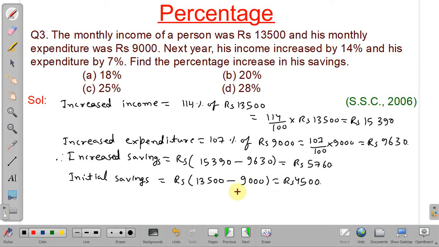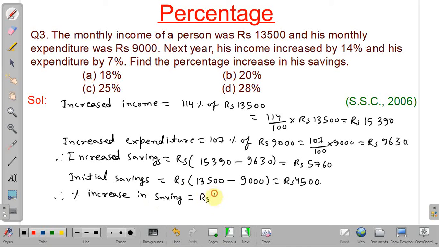Now we have to find the percentage increase in his saving. Therefore, the percentage increase in saving. So we have to find the increase in saving. So it will be equal to increased saving minus initial saving.